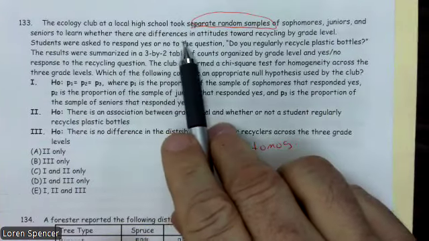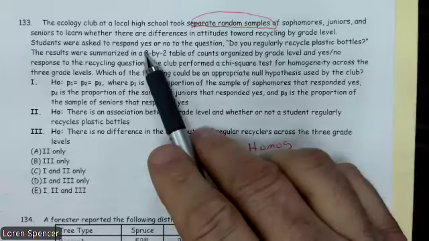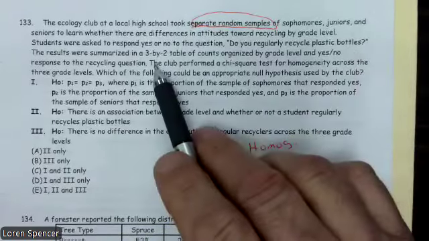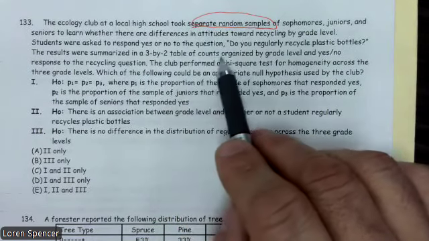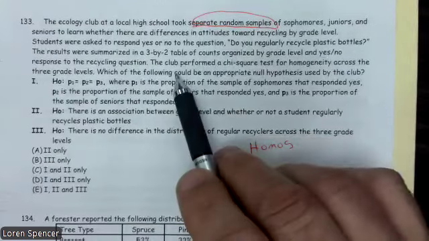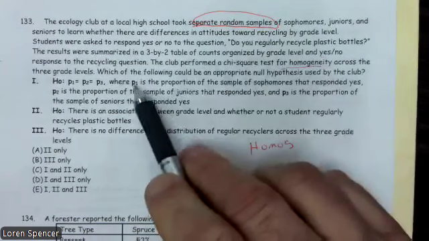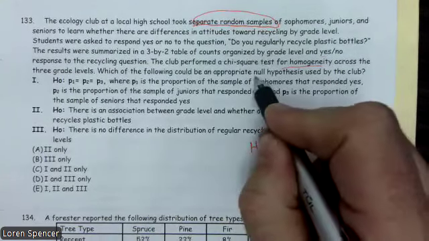To learn whether there are differences in attitude towards recycling by grade level. Students were asked to respond yes or no to the question, do you regularly recycle plastic bottles? The results were summarized by a 3x2 table of counts organized by grade level and yes, no. The club performed a chi-square test of homogeneity across the 3 grade levels. Which of the following could be an appropriate null?